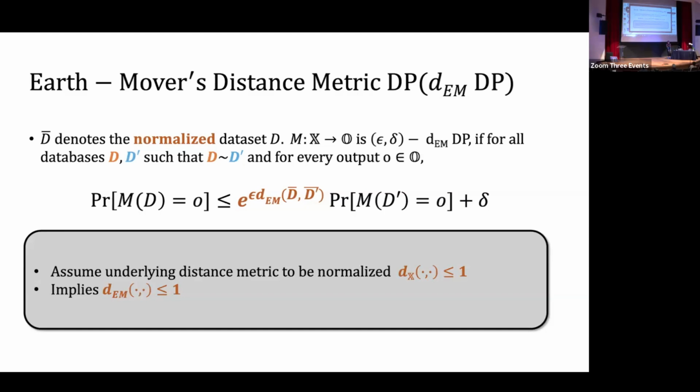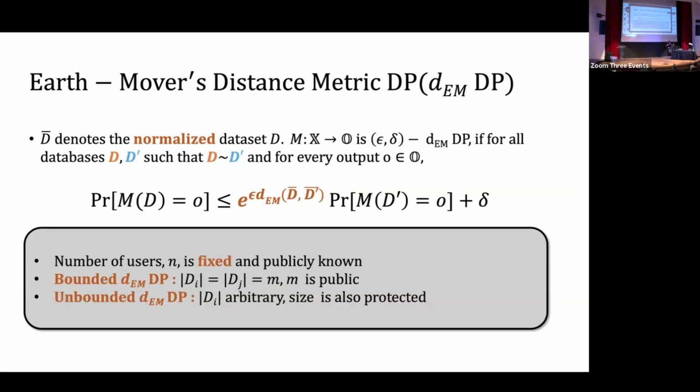Now, a couple of notes here. We assume that the distance is computed over the normalized data sets. Additionally, we also assume that the underlying metric is normalized, which means that the Earth mover's distance is always less than 1. Throughout the rest of the talk, I will assume that the total number of users, n, is fixed and publicly known.